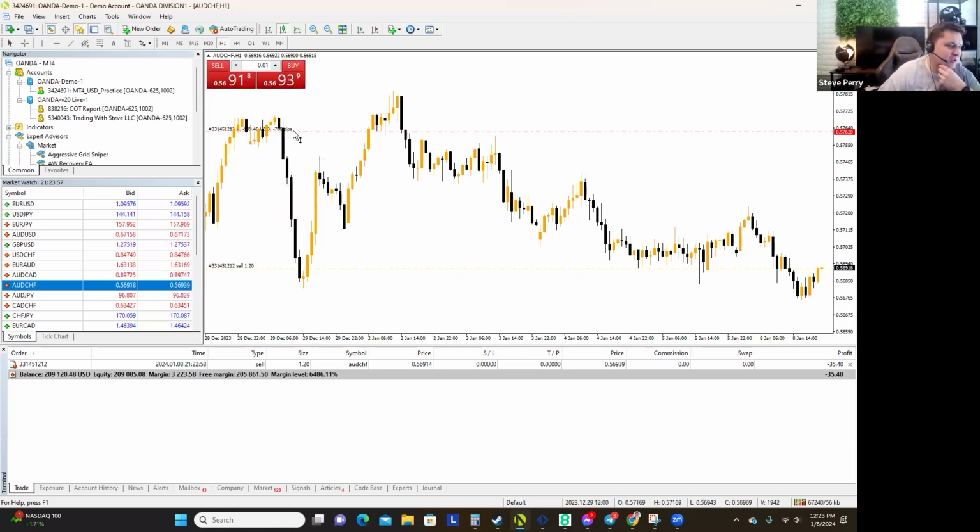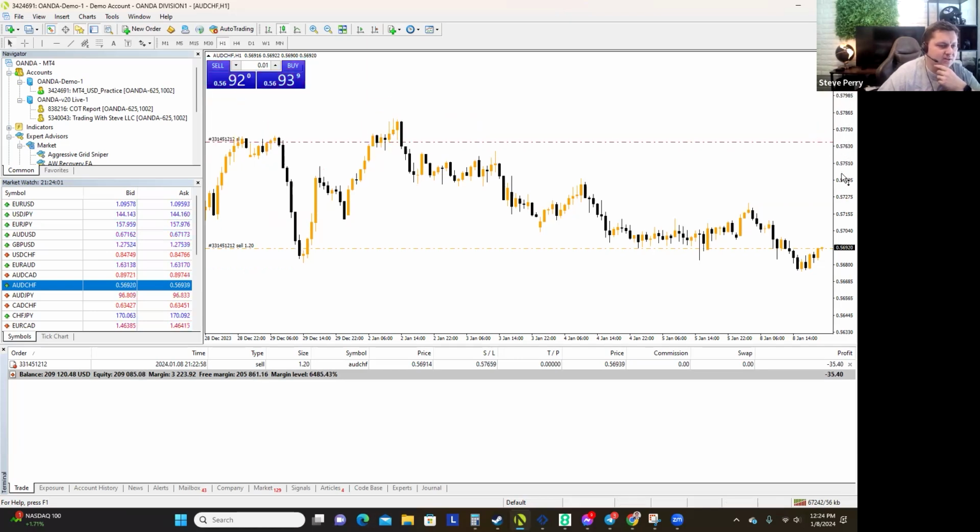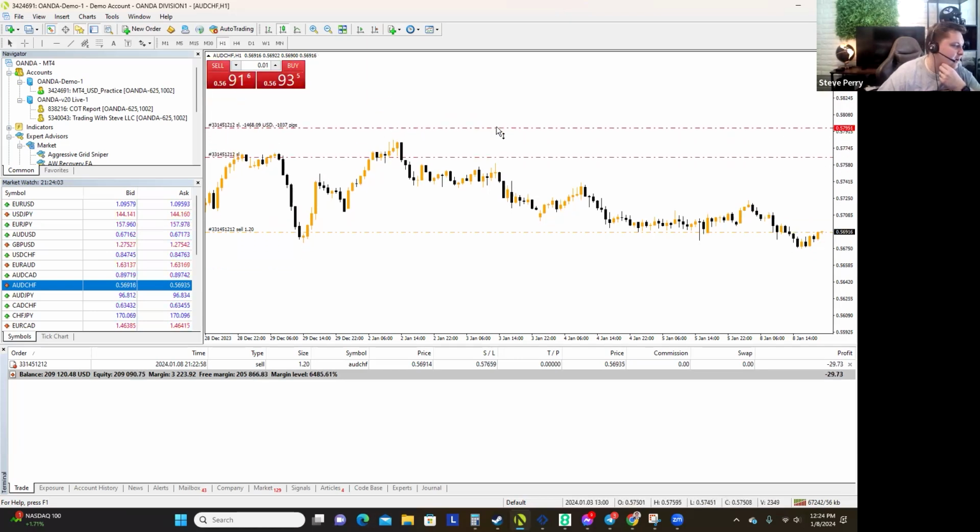If you have four numbers, like if I go higher, here, let's actually go up. If I go higher, now it says 1037. That's not 1037 pips. That's actually 103.7 pips. This number right here says 105.2. That's not 1,000 pips.